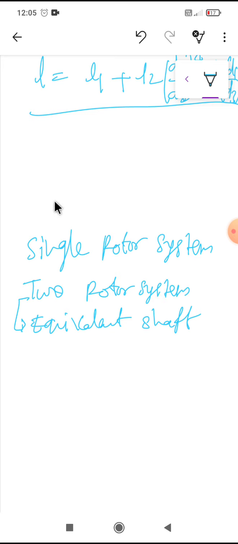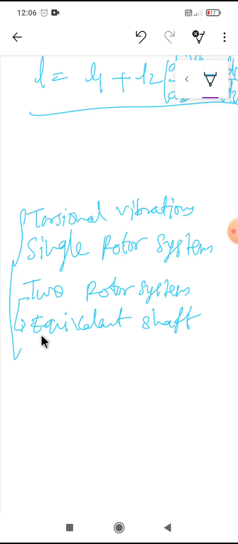And before that, we saw the torsional vibration equation. These topics we have seen today.